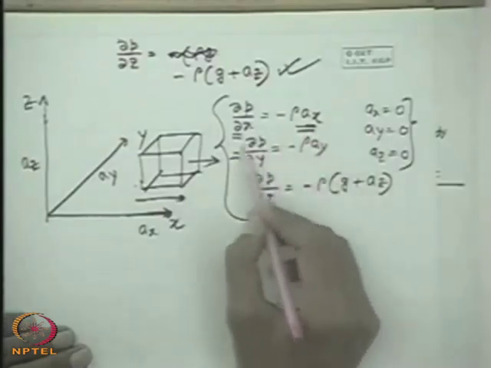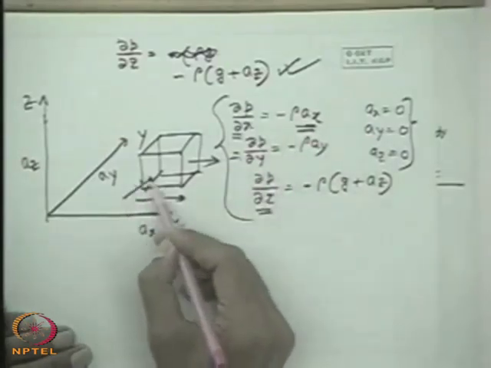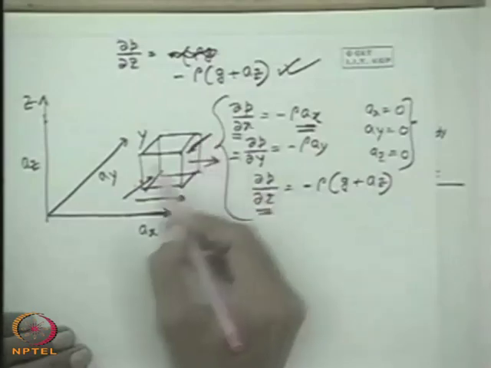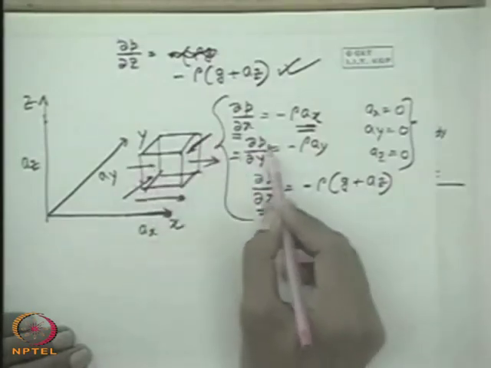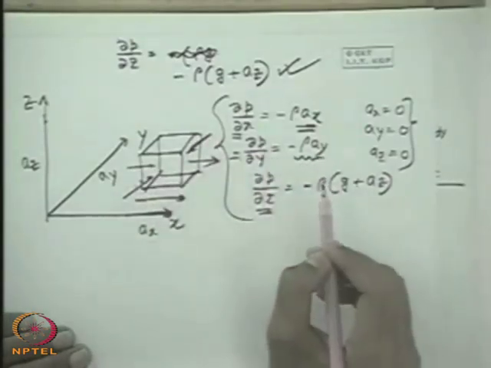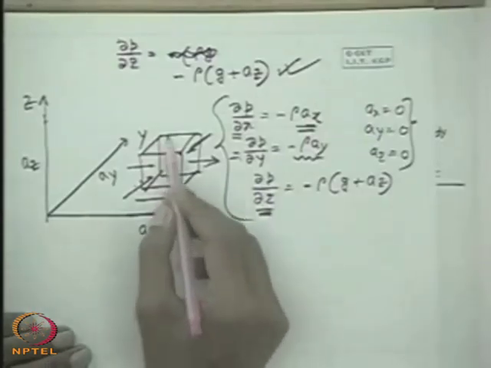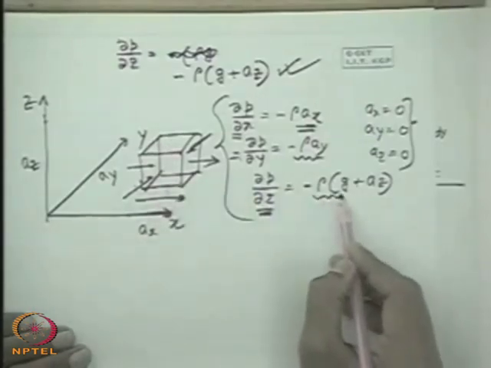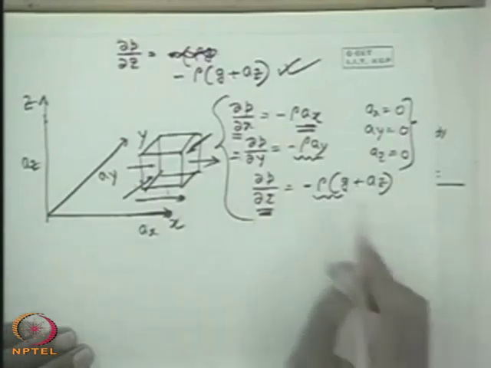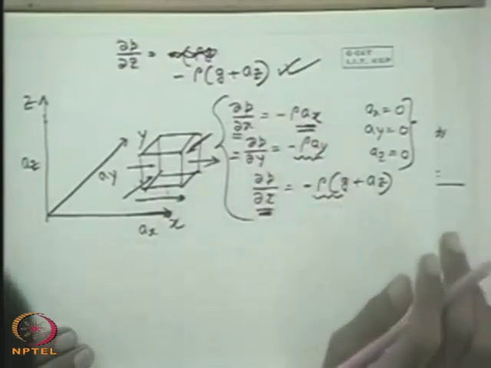Similarly, pressure should essentially vary in the y direction, so that the net pressure force in the y direction takes care of the acceleration in the y direction. Similarly for the z direction, the pressure should vary to take care of the weight of the fluid plus the acceleration. So simply these are the equations obtained.